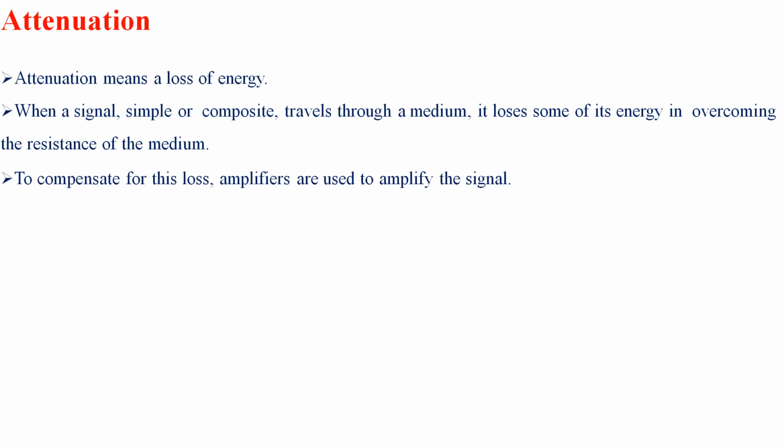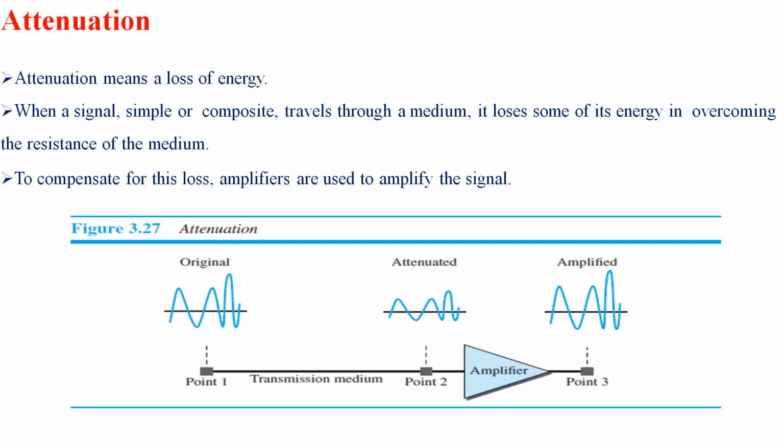For this reason, we use a wire carrying electronic signals. Here this figure shows the effect of attenuation and amplification. Originally the signal is like this. Whenever it is passed over any channel, the signal is like this.